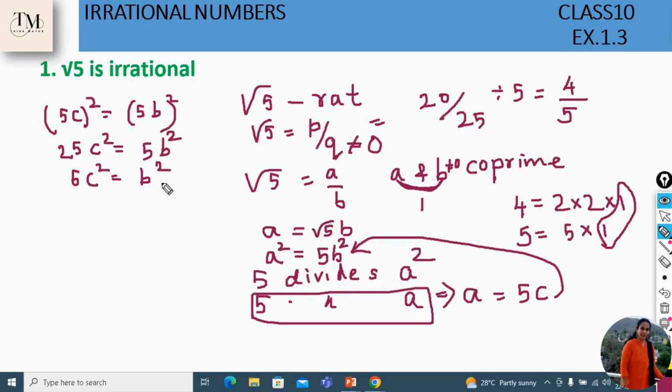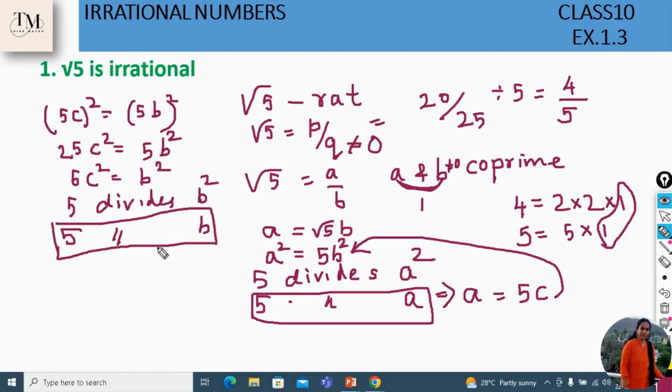So b square is a multiple of 5, so we can say that 5 divides b square. By theorem 1.3, we can say that 5 divides b. Already we got 5 divides a, now we got 5 divides b.